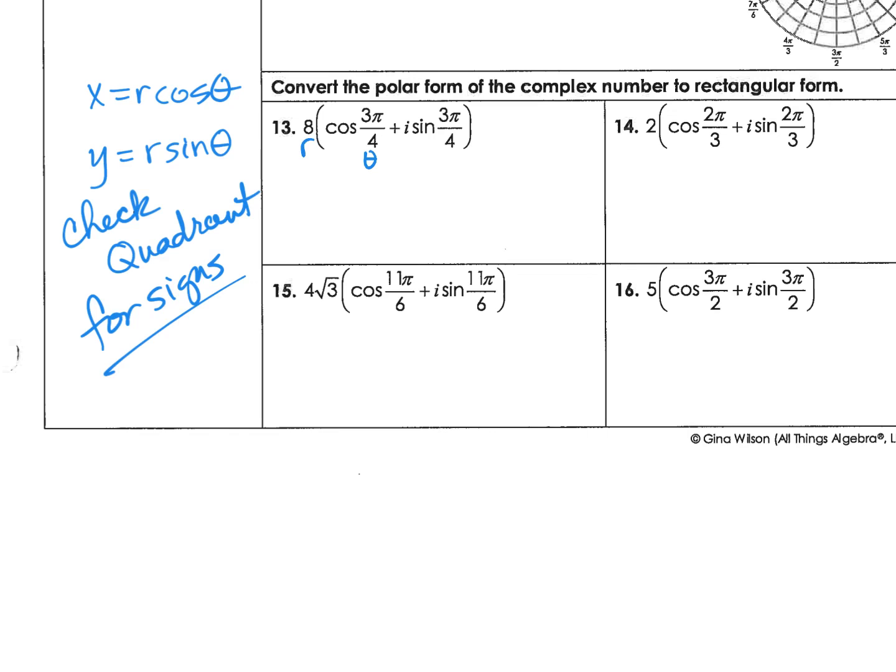So if it's 3 pi over 4, what quadrant is this? So quadrant 2, so it should be negative, positive, shouldn't it? So x is 8 cosine 3 pi over 4. Y is 8 sine 3 pi over 4.